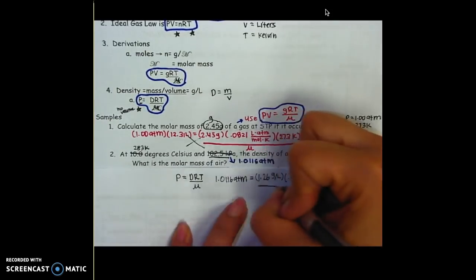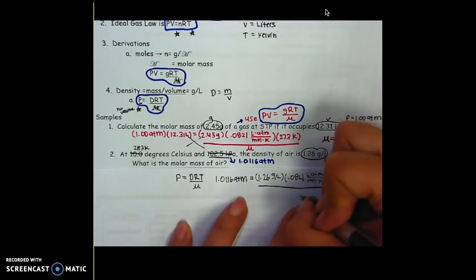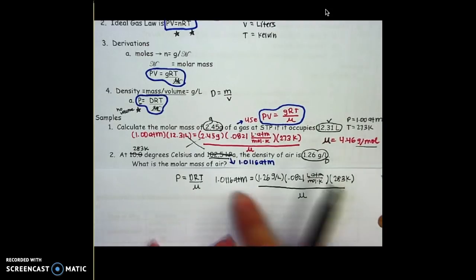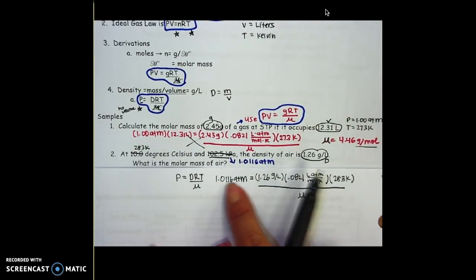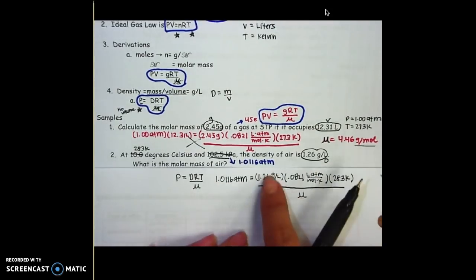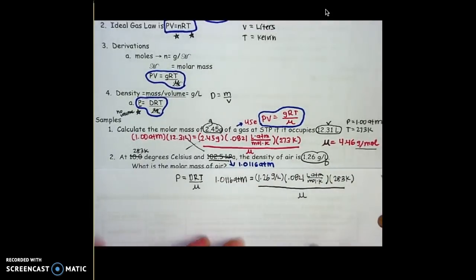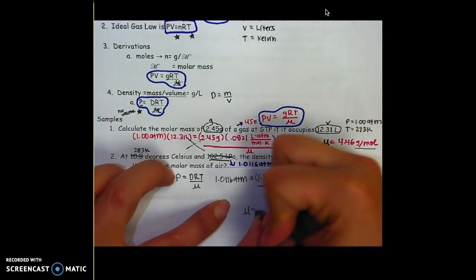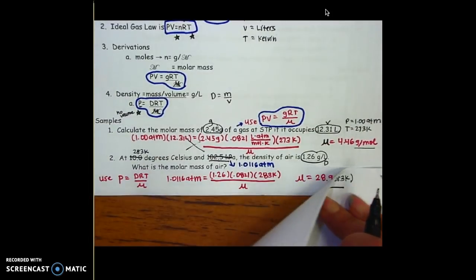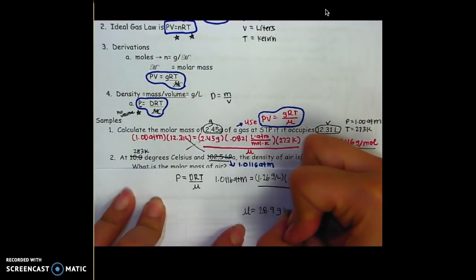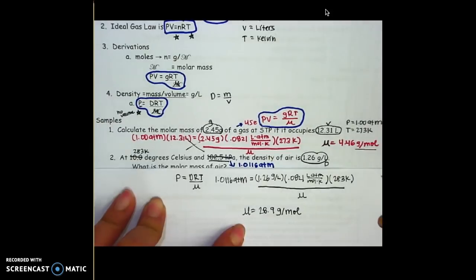Now we're going to be dividing this entire thing by my unknown molar mass, and we're going to go through and solve. So 1.0116 times molar mass, and then I'm going to multiply everything on top together, and then divide it by 1.0116. And when you do that, you get a molar mass of 28.9 grams per mole. And that's it.